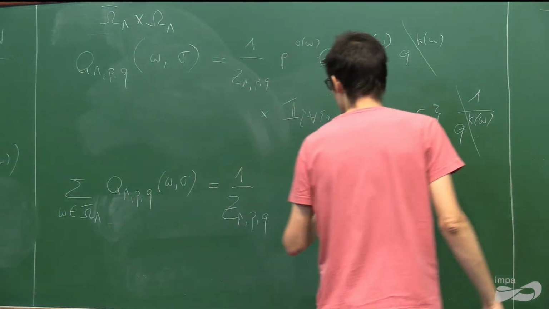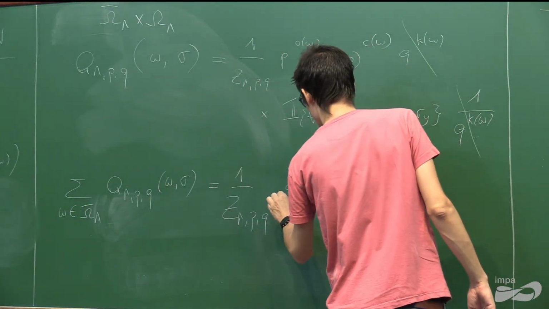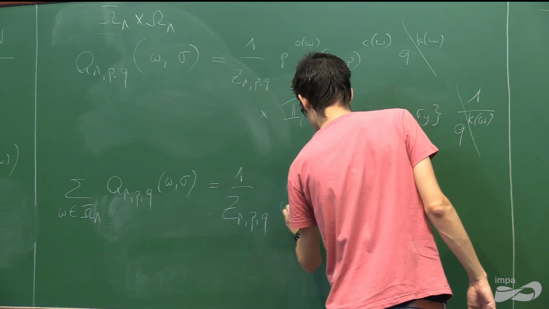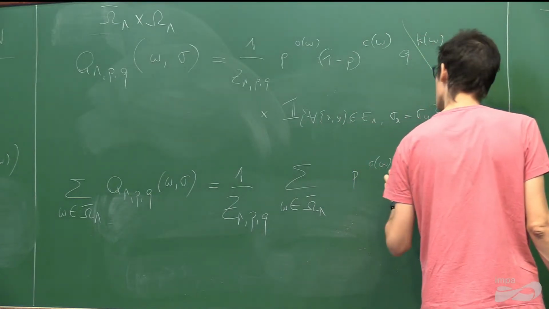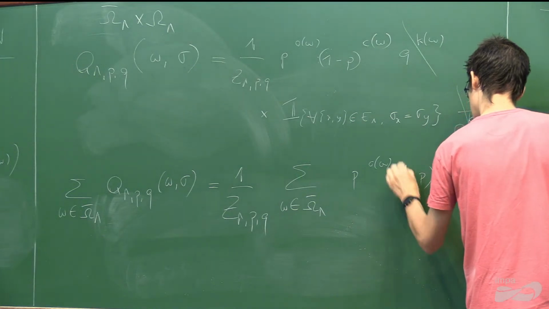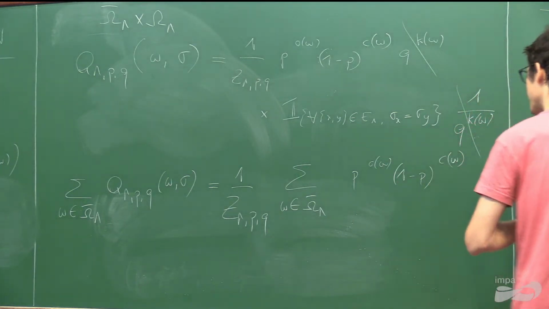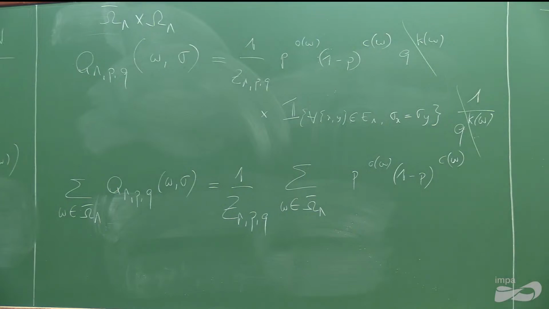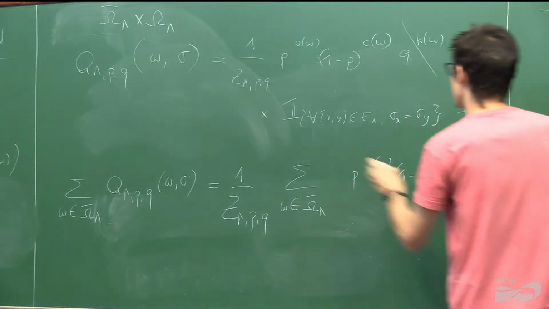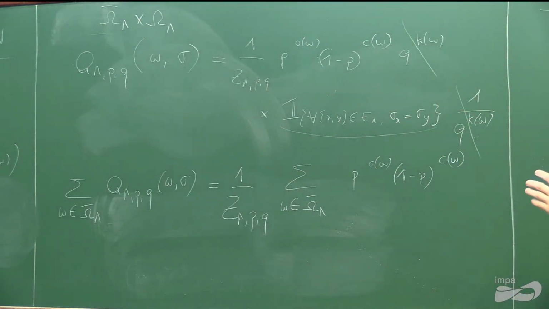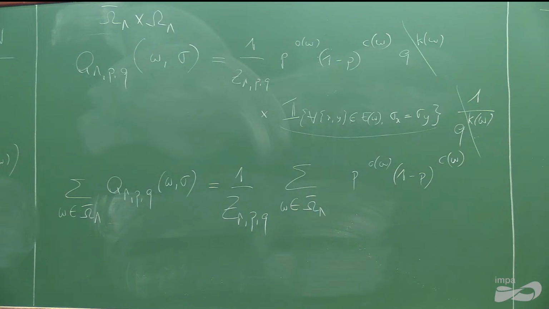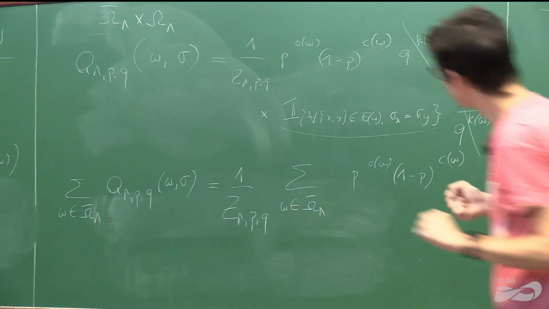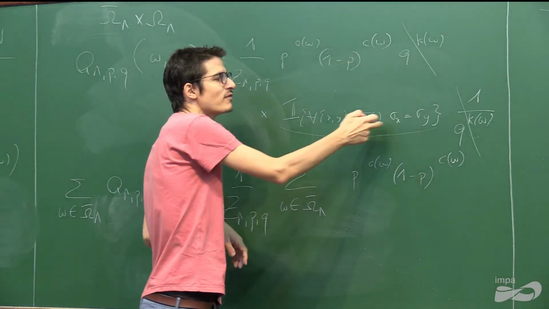So I have the sum over omega in omega lambda, p to the O omega, 1 minus p to the C omega. Here maybe I should rewrite this. This is not a condition on E lambda, this is on E omega. So somehow this is a condition on the spin given omega.